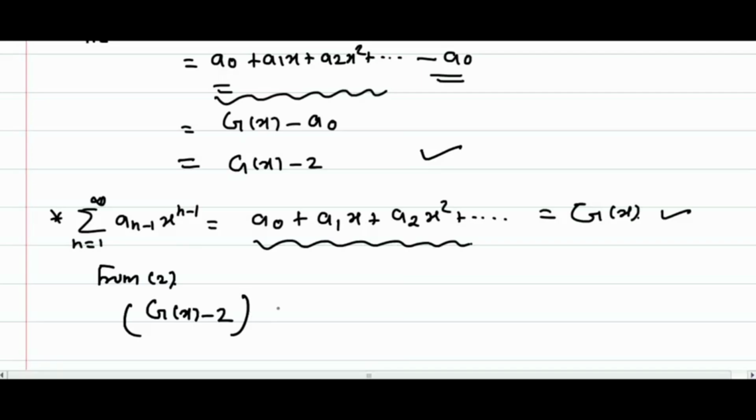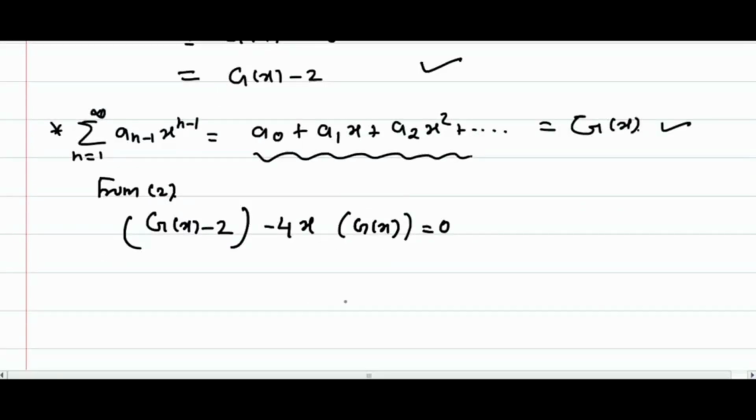Then the second term is minus 4x into g of x, equal to 0. Now if we simplify this, we need to find the g of x value. So here I am going to write g of x minus 2 minus 4x into g of x equal to 0.